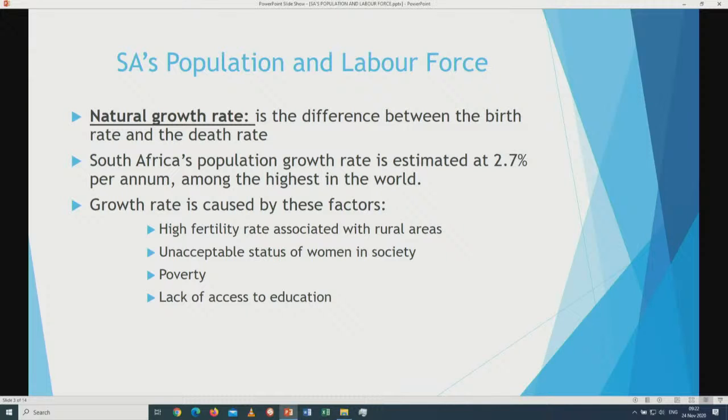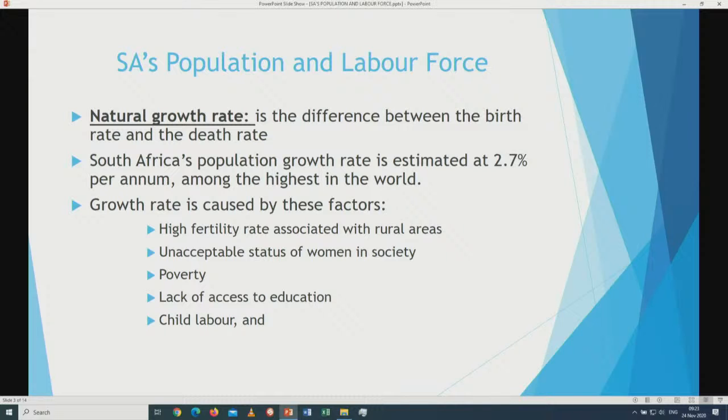They have made great strides as far as education is concerned. But lack of access to education can also lead to the growth of the population. Because if you don't go to school, what will you do at home? Your guess is as good as mine.